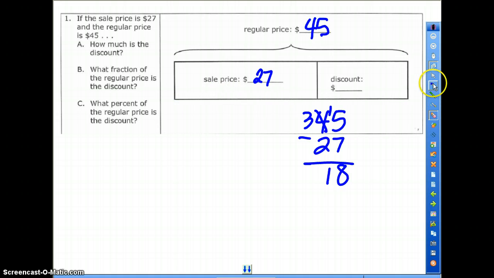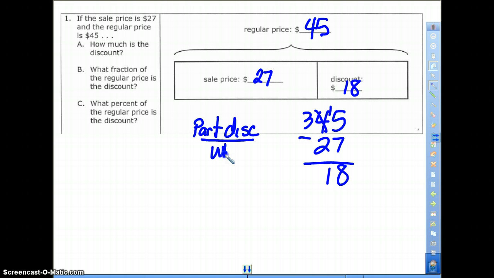Our discount was $18. It says, what fraction of the regular price is the discount? They're asking, what is the part that is the discount divided by the whole or the original price?